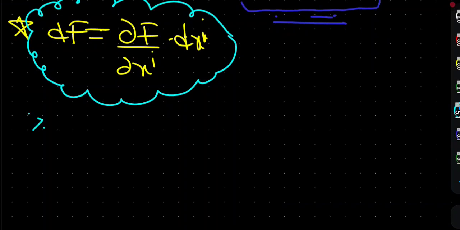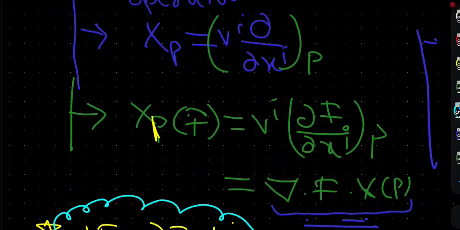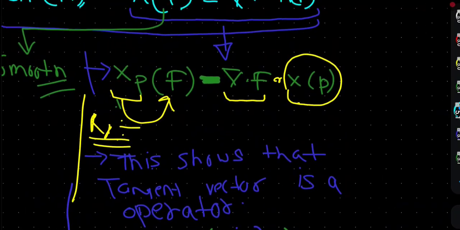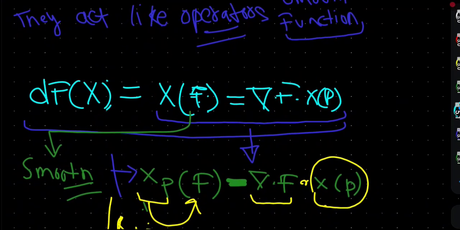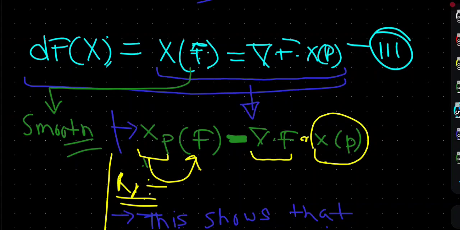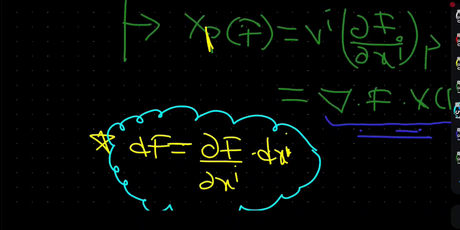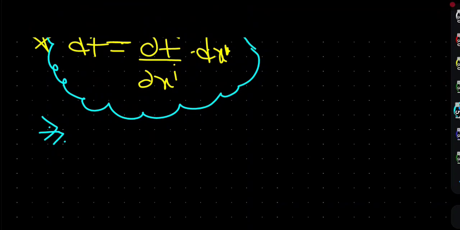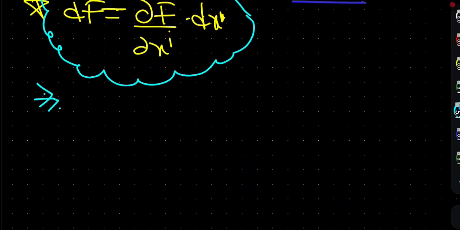So let's start. Remember what I have written here, this particular equation. This is a very important equation, and we are going to use it to contradict our fact. In this video, first of all, I'm going to assume that this exists, that this is true, and then I will operate it on our tangent vector and see if the result matches or not.